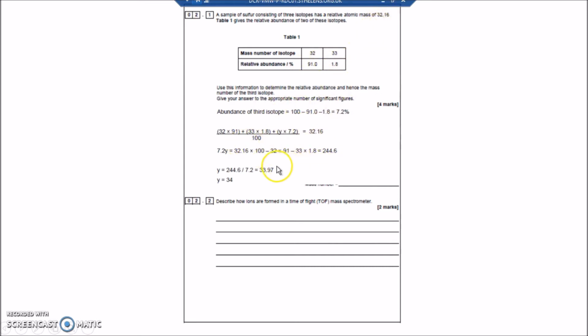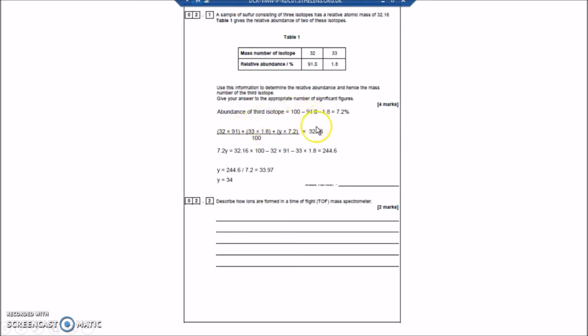Multiply both sides by 100 and then work out these values. 32 multiplied by 91, plus 33 multiplied by 1.8, plus y times 7.2, so 7.2y will equal 3216.